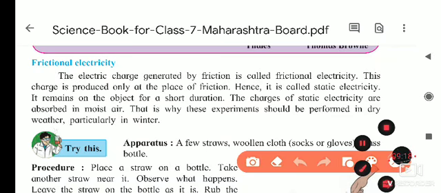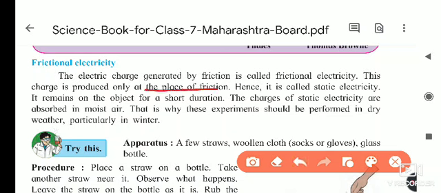Suppose you rub your hands on each other, then you see that heat is produced, but only at the place where the rubbing takes place, and no heat is produced in other places. The charge is produced only at the place of friction, and hence it is called static electricity. Static electricity is like when you rub a scale on your head.